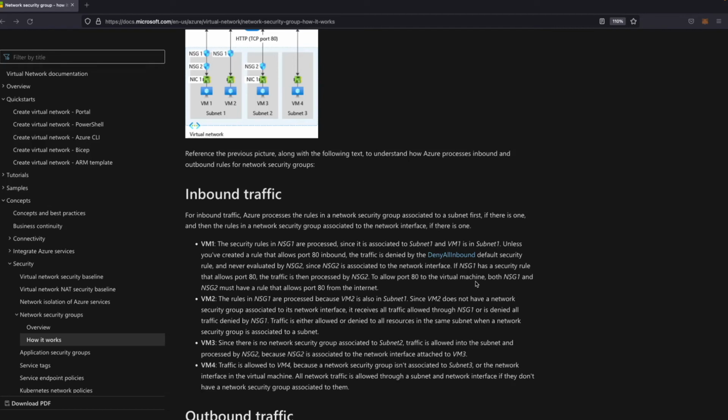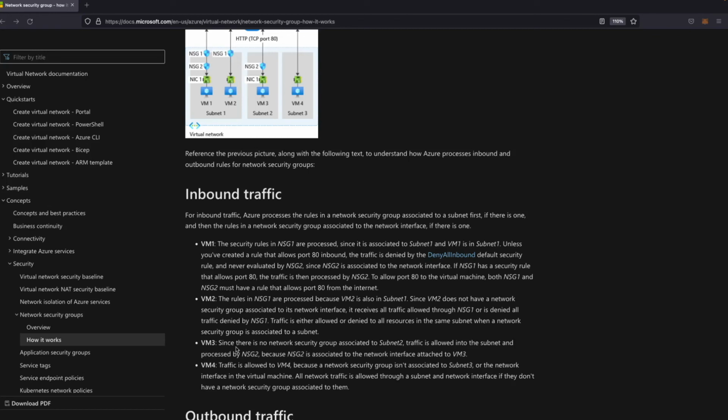For VM2, the rules in NSG1 are processed because VM2 is also in subnet 1, so it will obey the rules in NSG1. VM2 doesn't have an NSG associated, so all the traffic will go through NSG1.